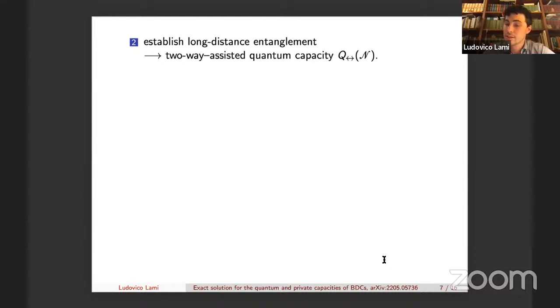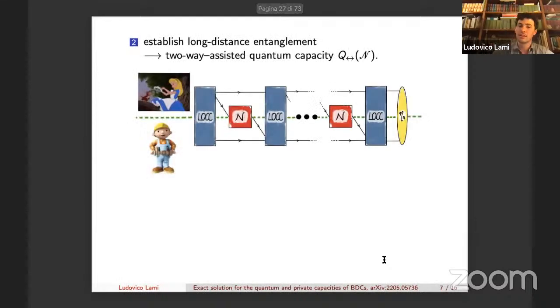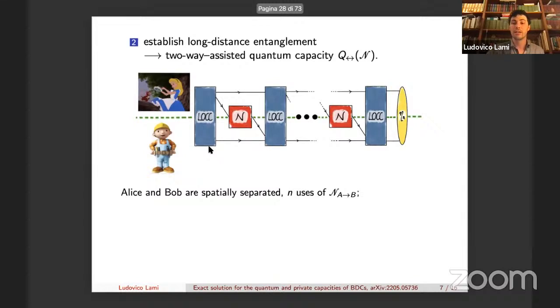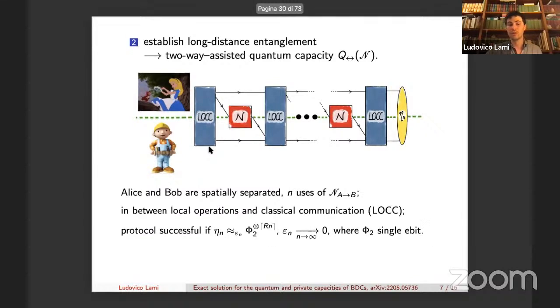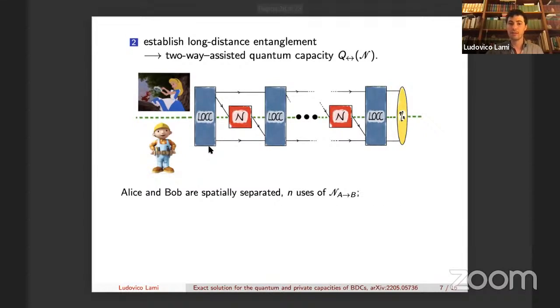Another thing that we may want to do with channels is to establish entanglement between sender and receiver. There's another figure of merit for this task, which is the two-way assisted quantum capacity. The picture is a little different in this case, because you can still apply the channel n times, but with Alice and Bob spatially separated.